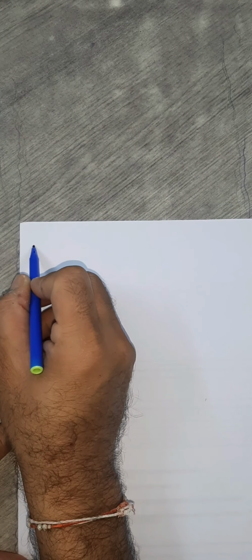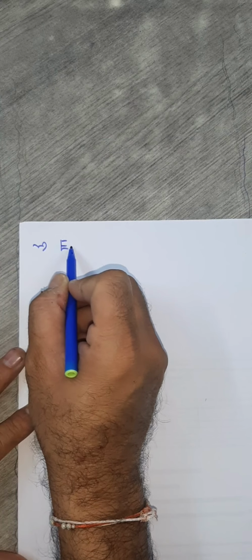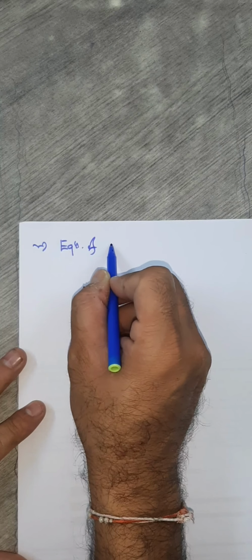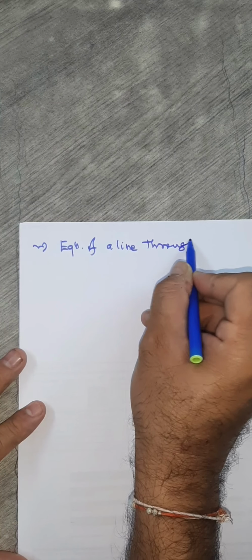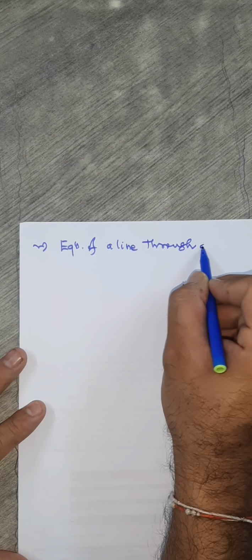Now we discuss some more theory related to lines. So here the first point is the equation of a line through a given point.